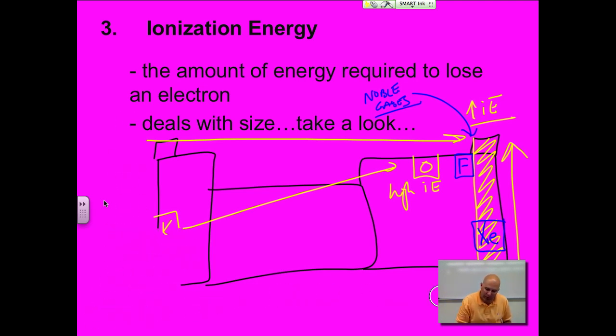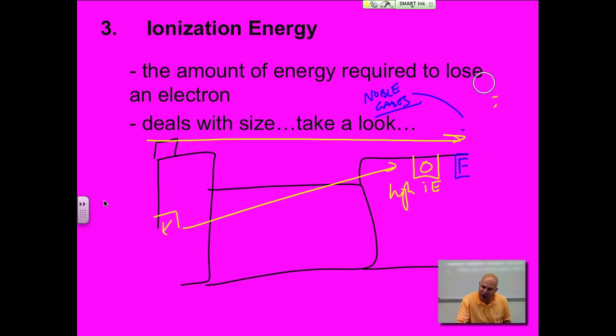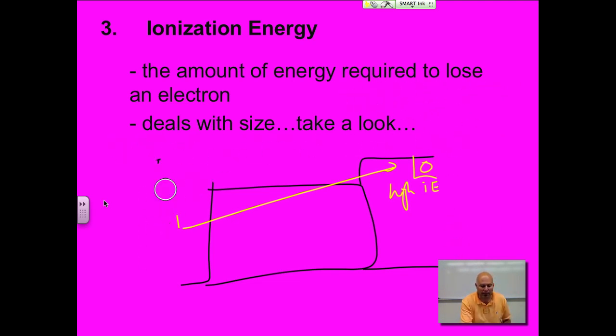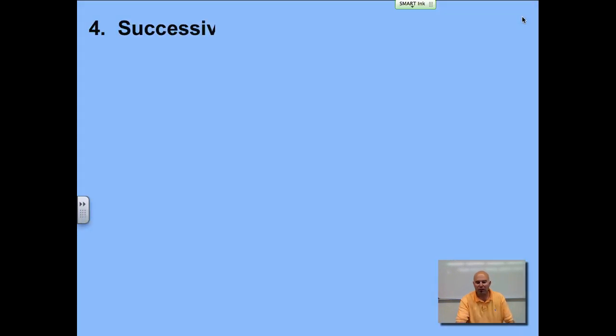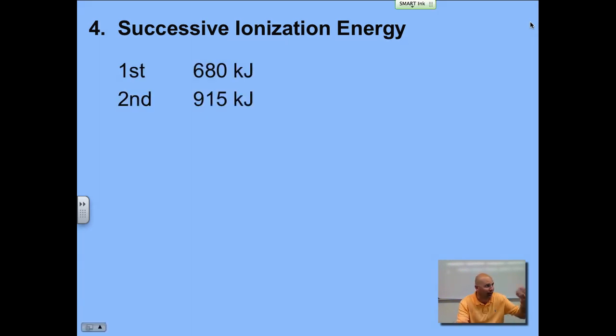The only other thing I want to mention about ionization energies is that you can tell what family something is in by looking at ionization energies. There are actual values, something called successive ionization energies. Now, let's say we're talking about sodium.